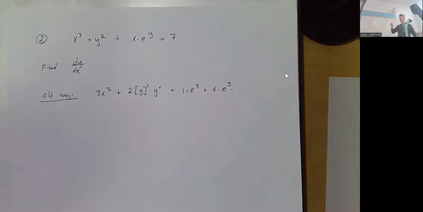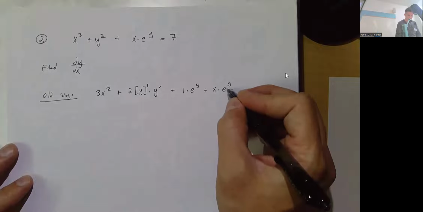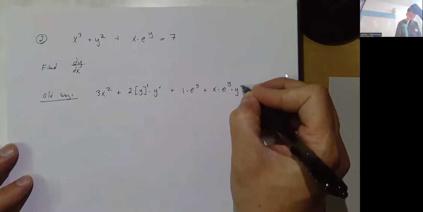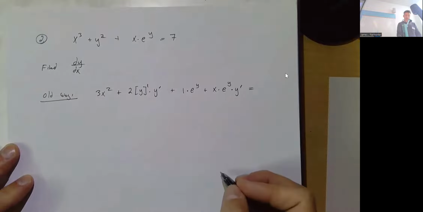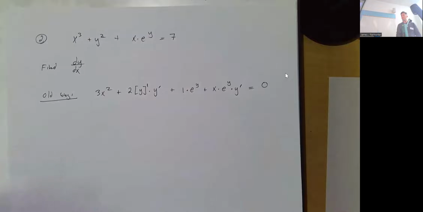So the thing here is that the derivative of x is 1. The derivative of y is the derivative of y, which is y prime, because we don't know what y is. y could be like tangent of x cubed plus 1, but we just know that y is some function of x. So the derivative of e to the stuff is e to the stuff times the derivative of that stuff. And then the derivative of 7 is 0.